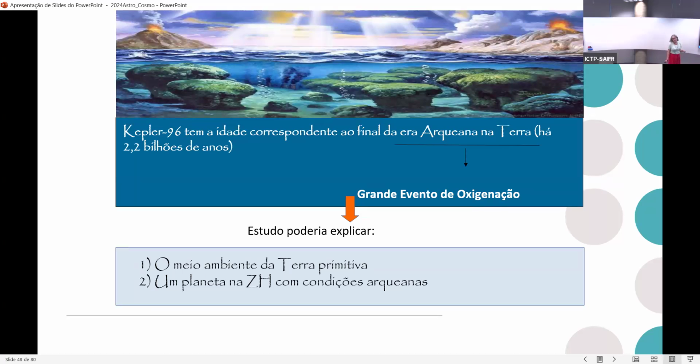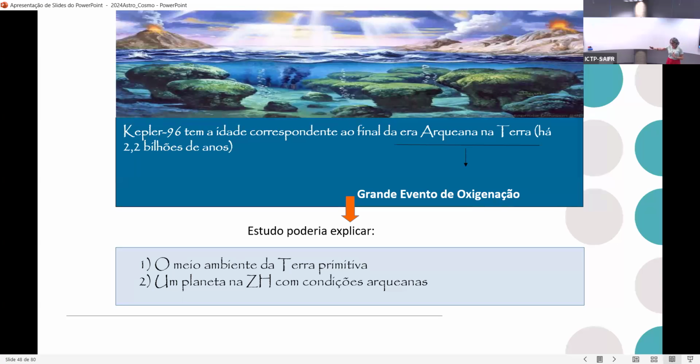Kepler-96 is about 2.2 billion years old. And here on Earth, that's when the great oxygenation event occurred, from the first algae in the oceans, which produced the first increase in oxygen in our atmosphere.